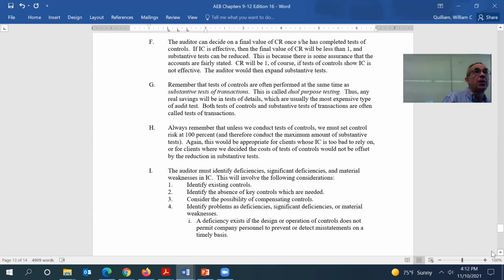Plus, not only a higher audit bill, but the probability of loss on a day-to-day basis is much, much, much, much, much greater. So in that case, they need to definitely institute better internal control. They just don't realize how much they're losing sometimes.